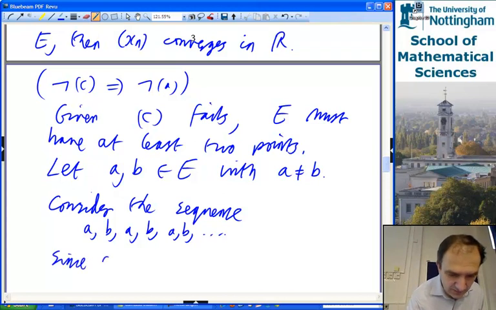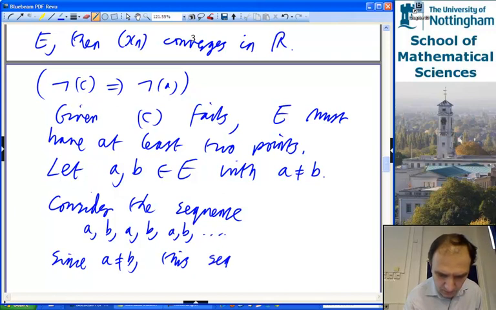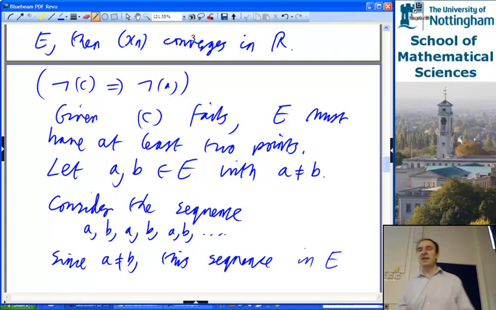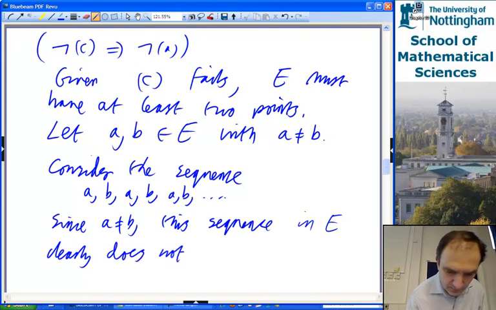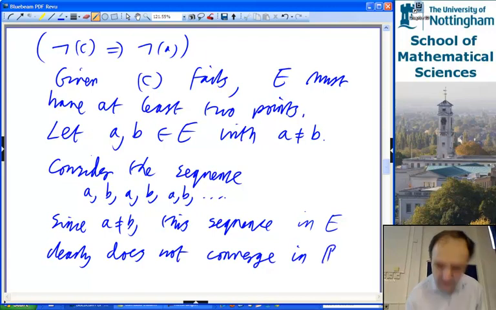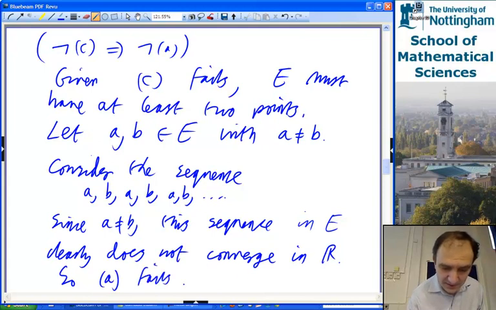So since A not equal to B, this sequence in E clearly does not converge in R. So A fails. And we've done it. That's it.